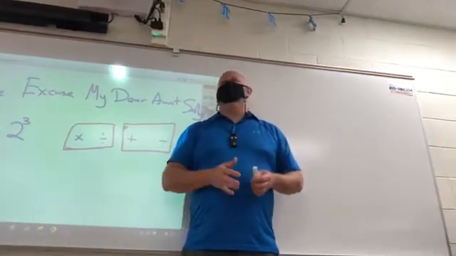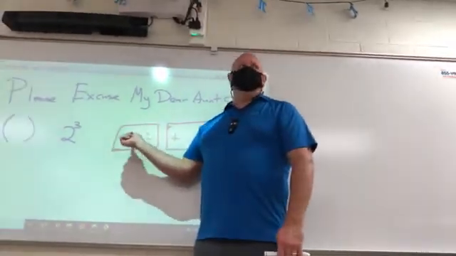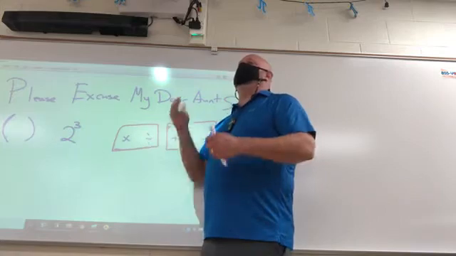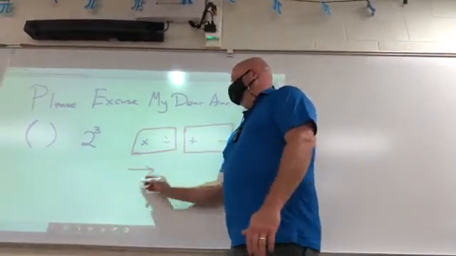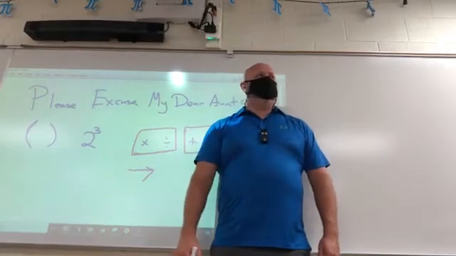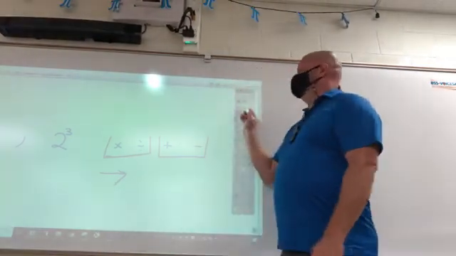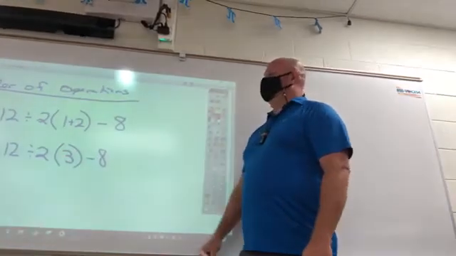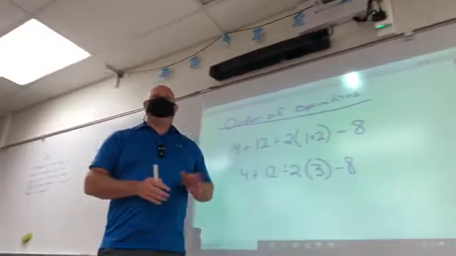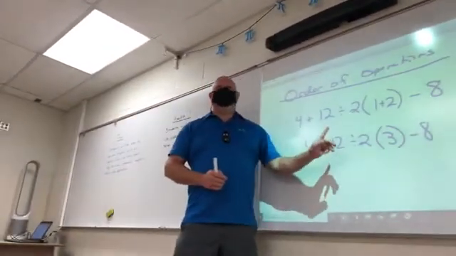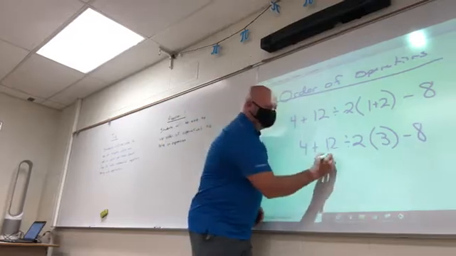What I mean by that is if you have a choice of multiplication or division, you go left to right. You just do it like reading a book. In this problem, do we have right next to each other a choice of multiplication or division? And the answer is yes. I have it right here.